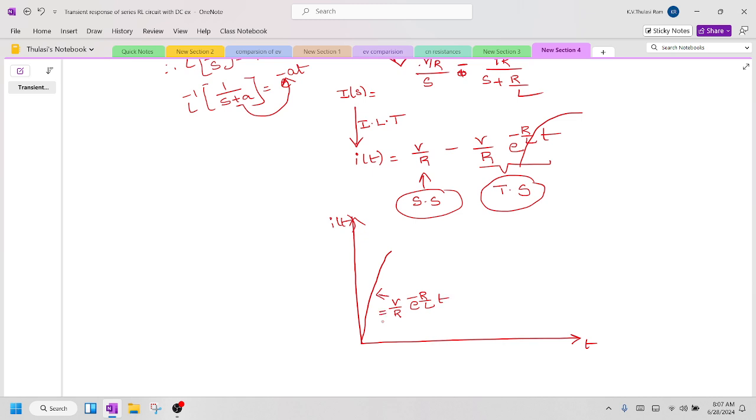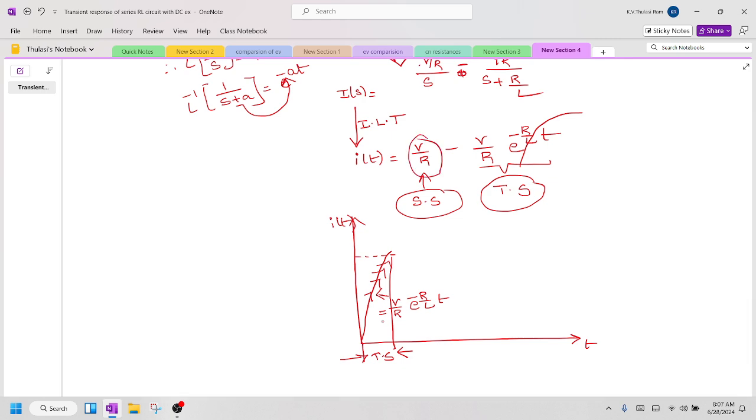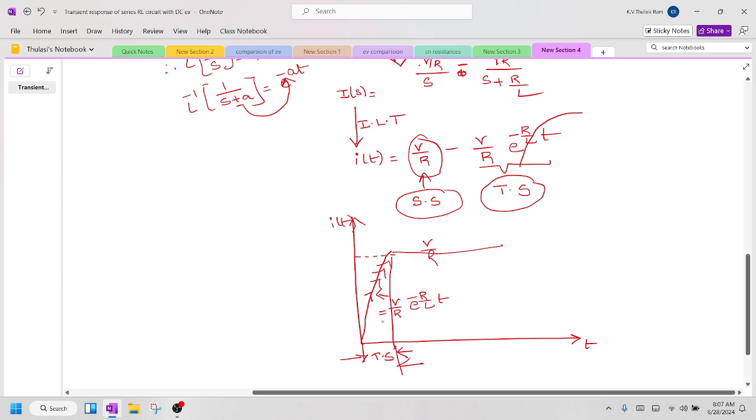So I is nothing but the current. The current is exponentially rising, and this time, the exponential rise, is called the transient state. After that it achieves a state which is nothing but V by R, and it maintains a constant magnitude of V by R. This state I'm going to call steady.